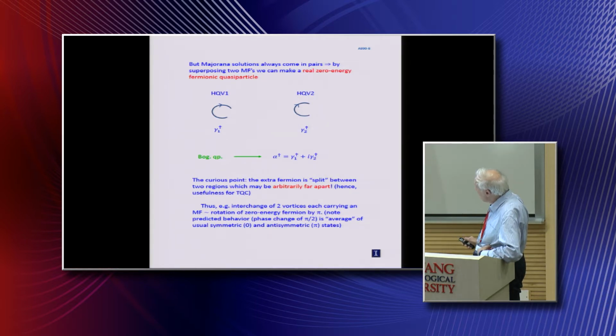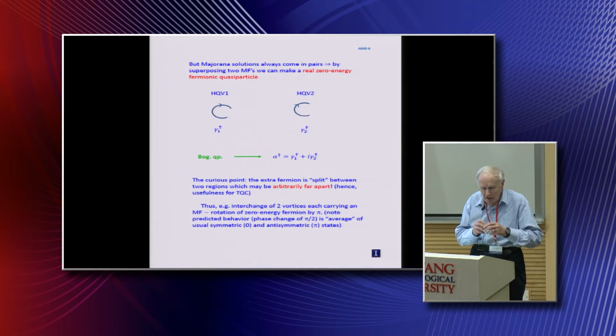And then the statement is that when you rotate that zero-energy fermion by pi, according to Ivanov's calculation, you pick up a phase change of pi over 2.